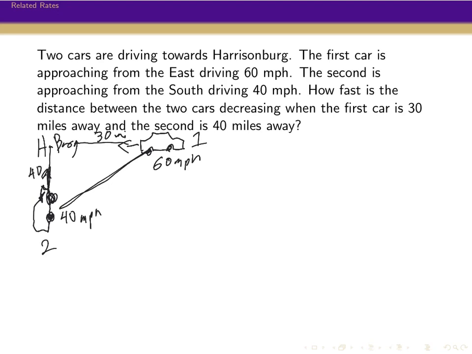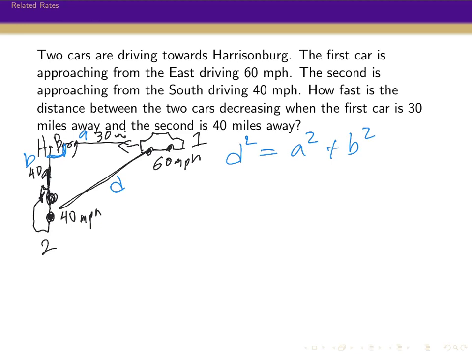First we need a formula. And so we have a nice right triangle going on here. So let's call the top side A, this side B, and then the hypotenuse is the distance between them. We'll call that D. Okay, so the Pythagorean theorem tells me D squared is going to be equal to A squared plus B squared.